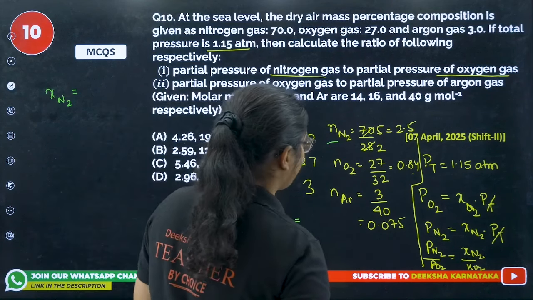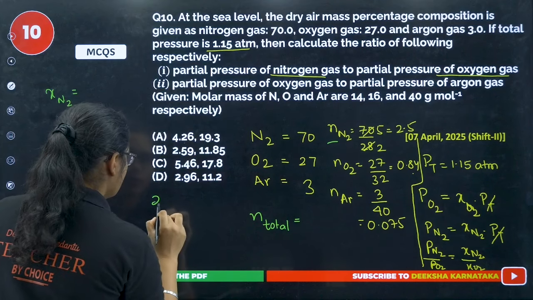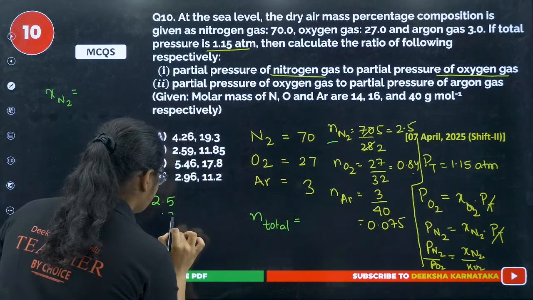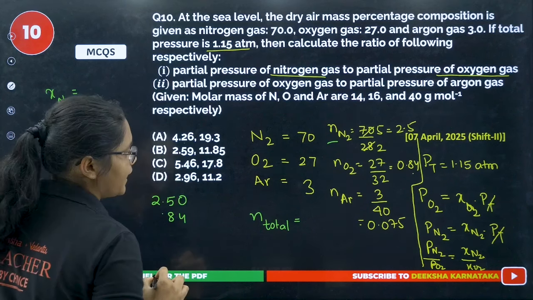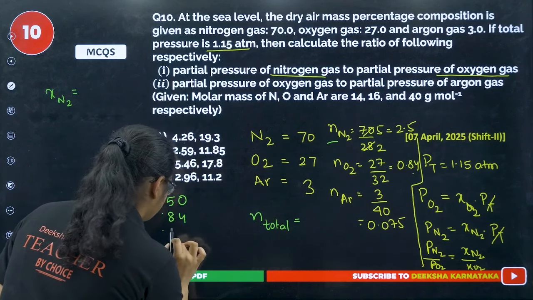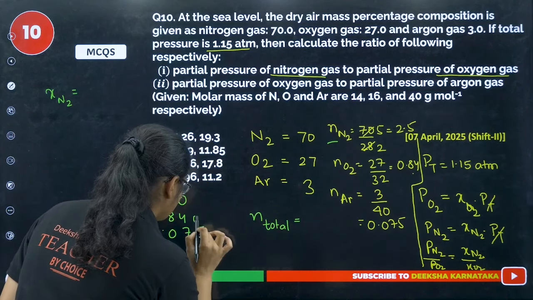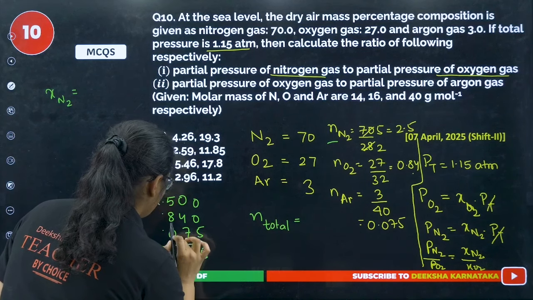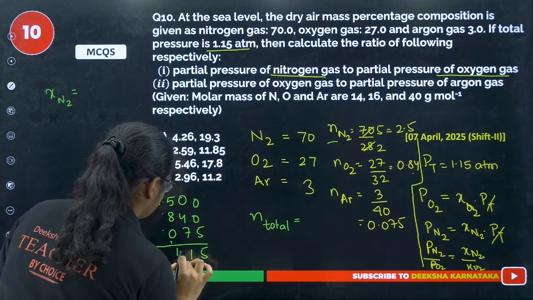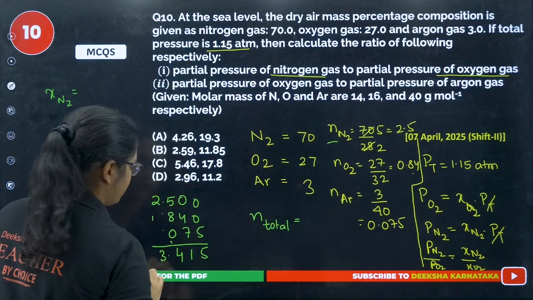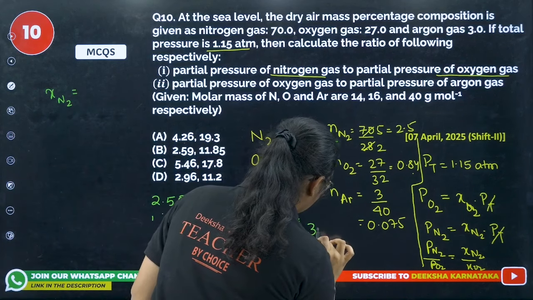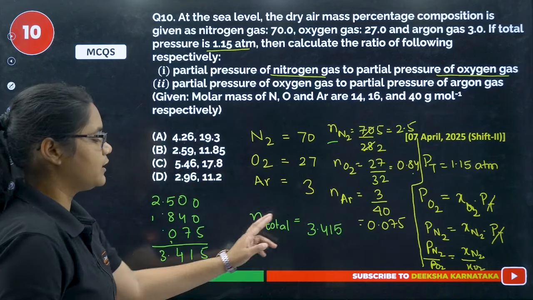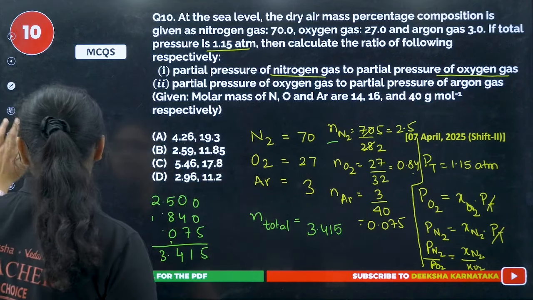We have 2.5 plus 0.84, and then I have 0.075. 5, 7 plus 4, 11, 8 plus 5, 13 plus 1, 14, so 3.415. Okay, total number of moles is 3.415.